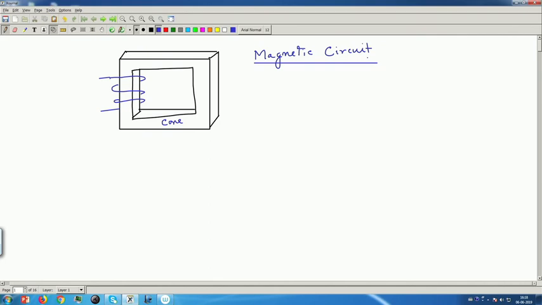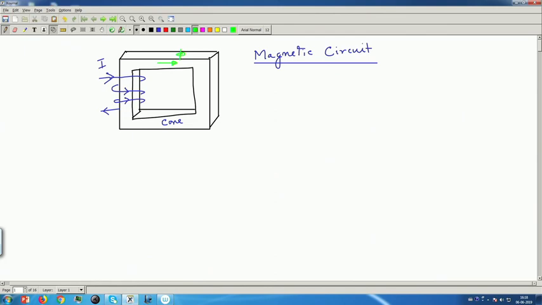And we know that if this is the direction of the current, suppose DC current first, then the direction of the current will be like this in the coil, I. Suppose we have connected a DC source, this is the current. Then what happens? In the core, there will be a flux produced, phi.